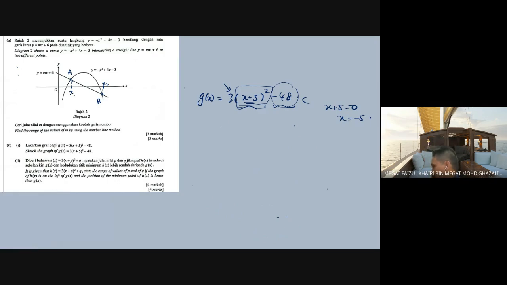So x equal to negative 5, and this is negative 48.